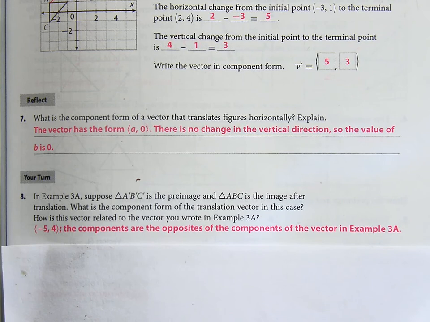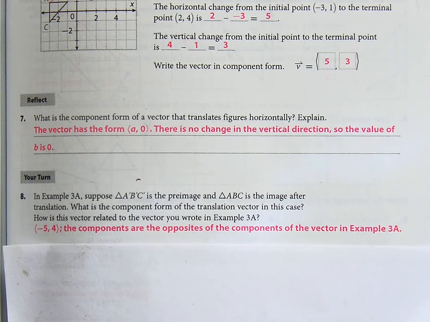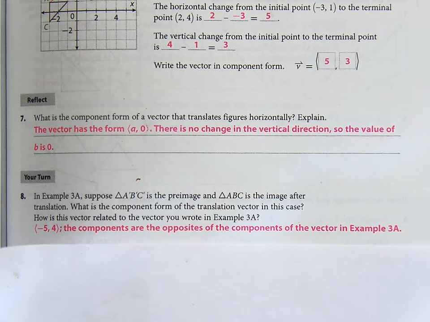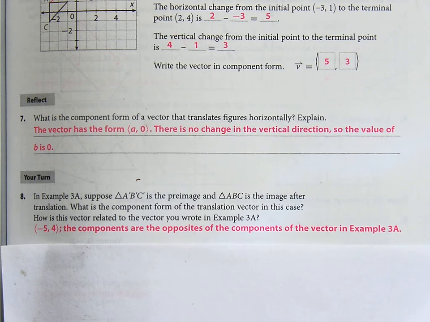And that was from example 3a. So we have -5, 4. So the components are the opposite of the components of the vector before. If last time I moved up 5 to get back to my original spot, I'd have to move down 5.